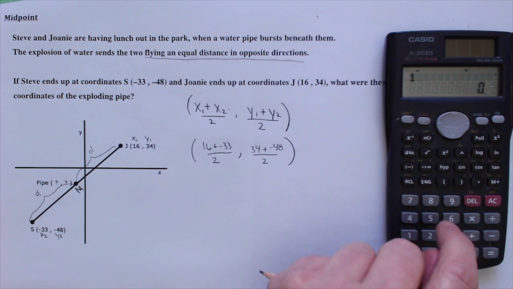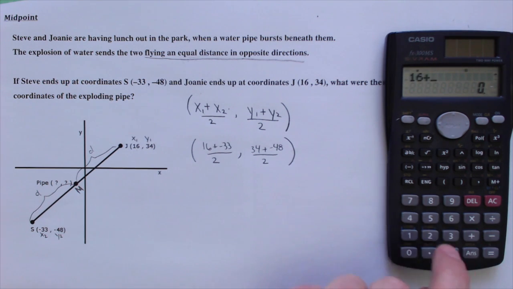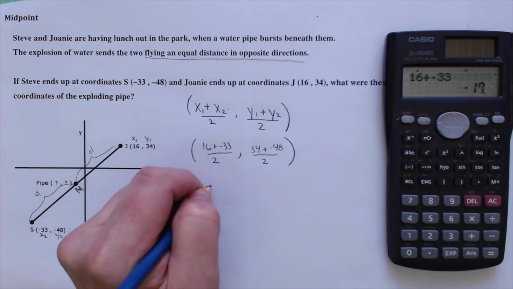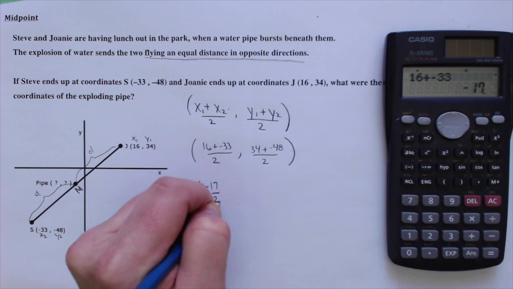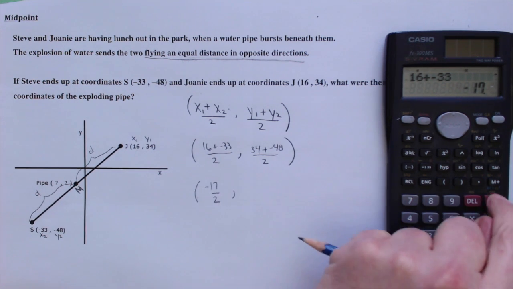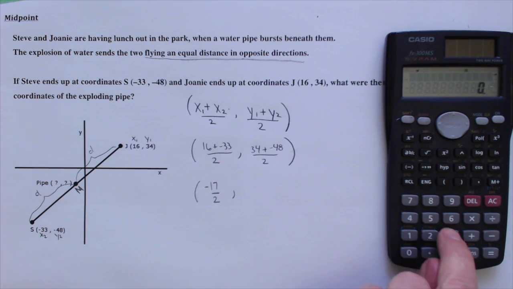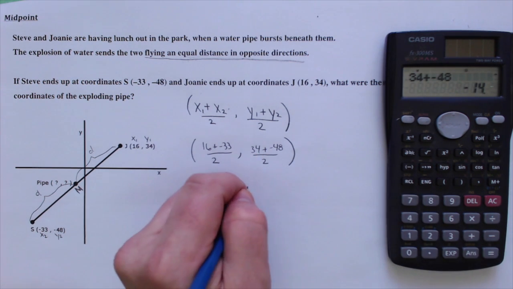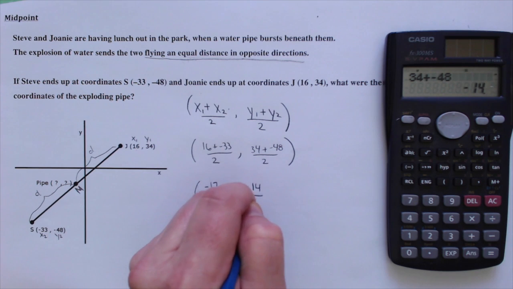So 16 plus -33, or 16 minus 33, that comes to -17, over 2, comma, and now I'll get the top part of this fraction over here, 34 plus -48, and that's going to come to -14. And that's divided by 2.